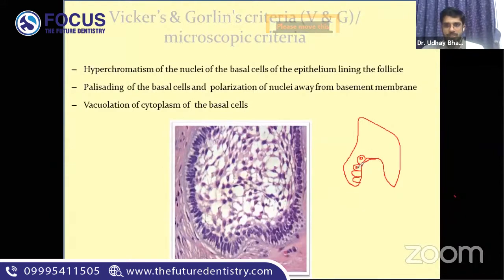So the nucleus gets pushed away from the basement membrane and the cells are ready for secretion. Eventually these cells will deposit a layer of enamel here and move upwards. Again, another layer of enamel, again move upwards. Incrementally, it keeps moving upwards, eventually forming a protective layer on the surface of the tooth crown, which later is known as the reduced enamel epithelium. So this is how normally things happen.